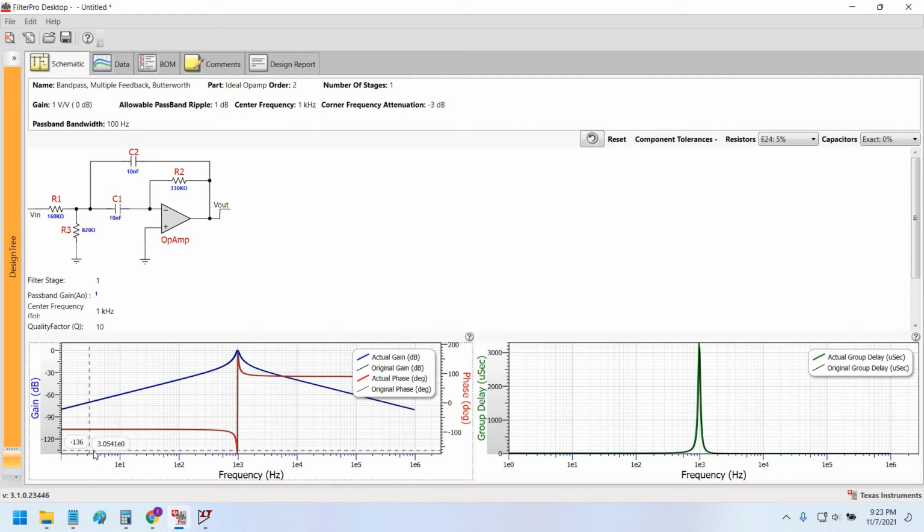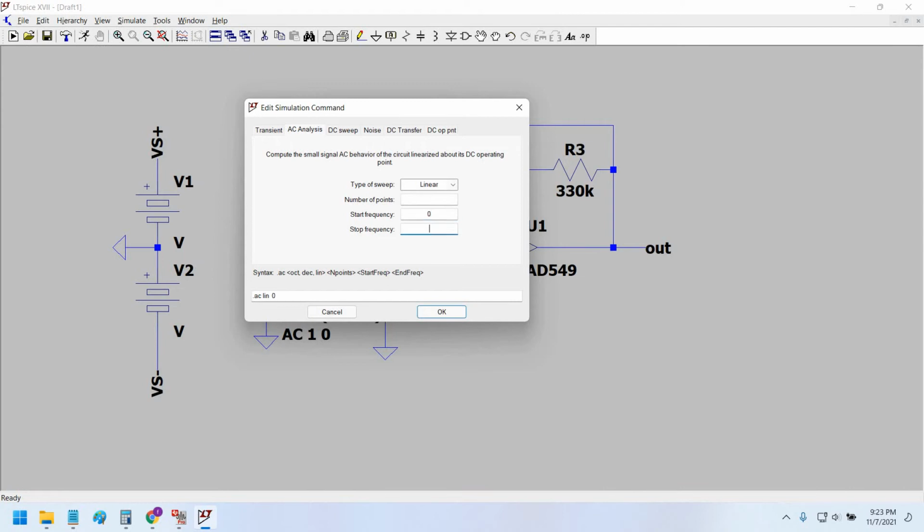So we can plot the x-axis on log axis and y-axis in linear. So starting from 0 hertz up till 1 megahertz.